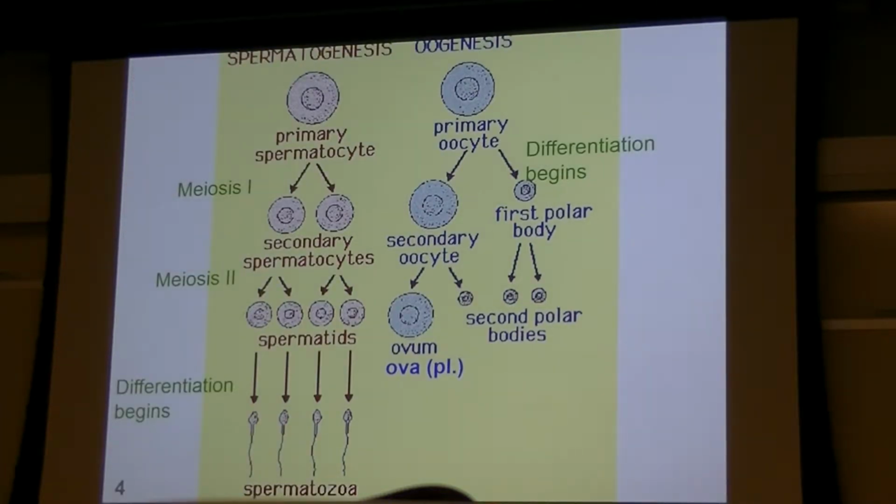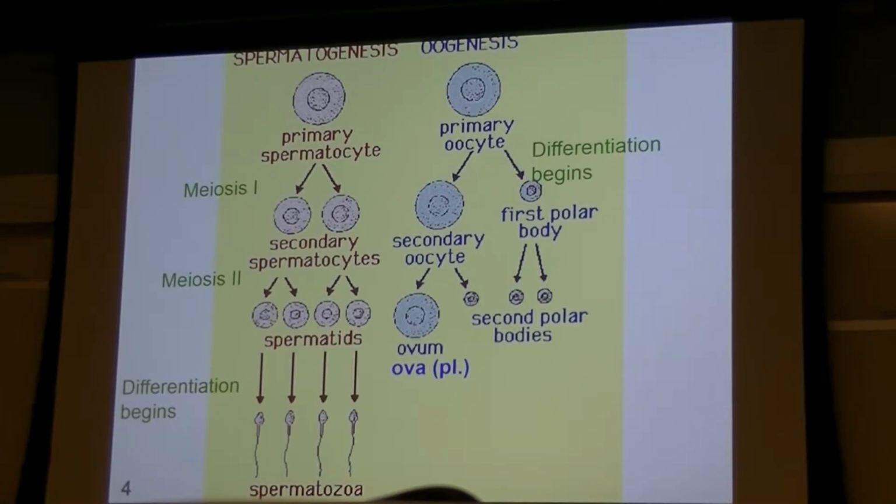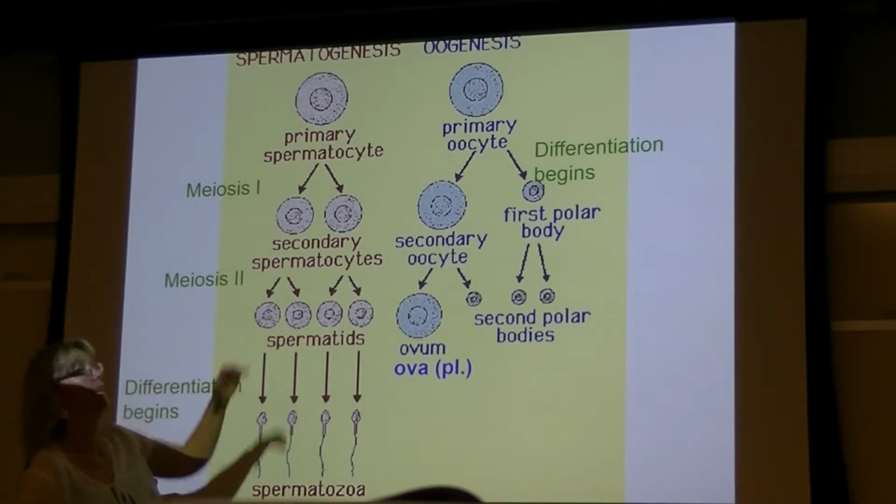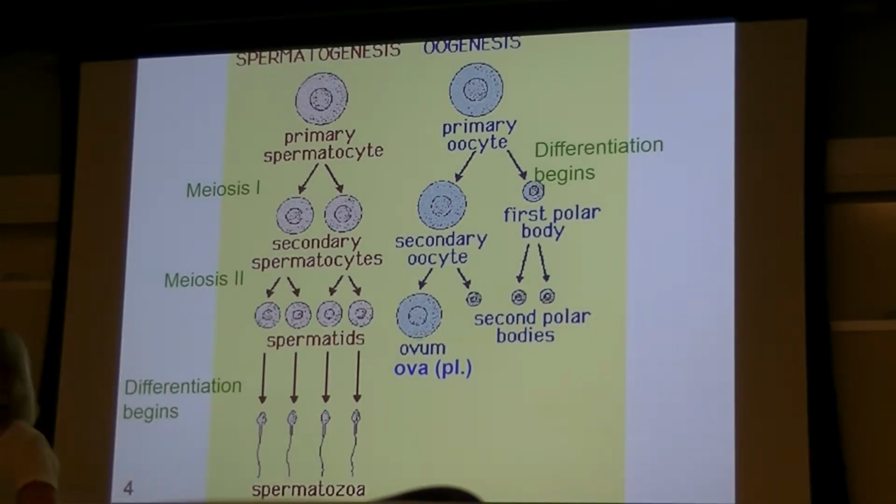Okay. So you could also compare and contrast and think about when we start to see structural or functional characteristics occurring for sperm versus egg. And, again, this is a matter of interpretation, but in the case of oogenesis, since we do see this structural difference of inheriting all the cytoplasm or really none, you could argue that that's the first feature of differentiation, and so that starts really early in the process.